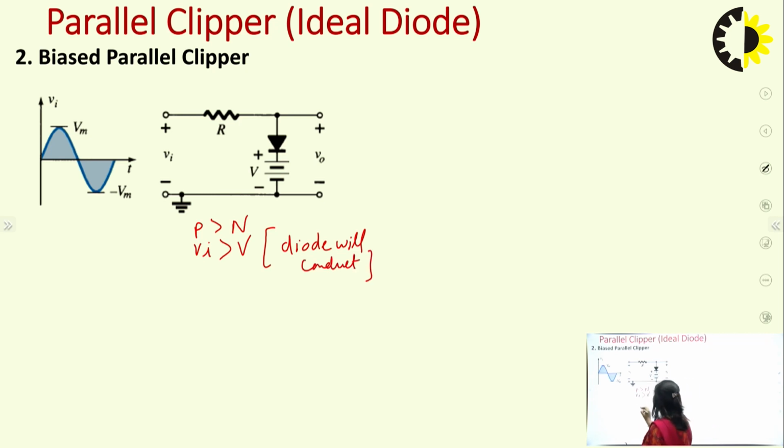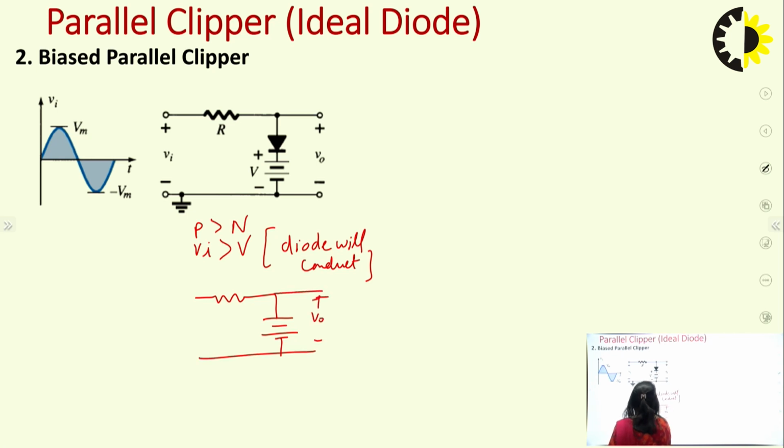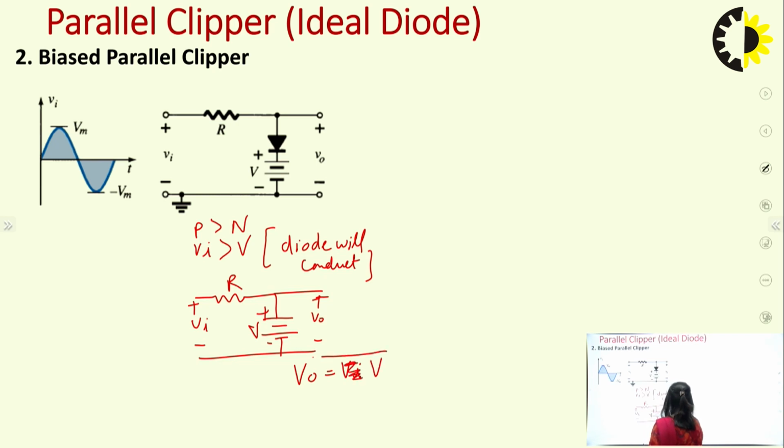And in that case equivalent circuit would be like in this way. V naught would be equal to V, because this V is in parallel with the output.